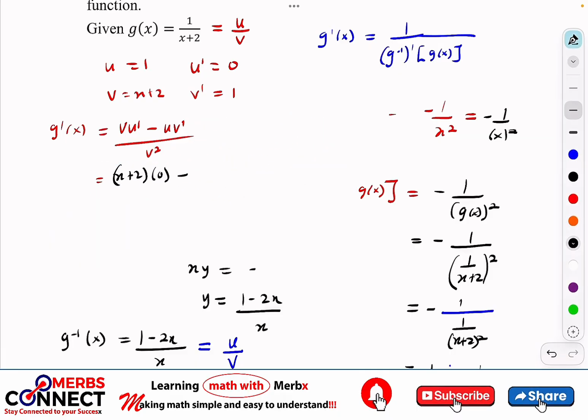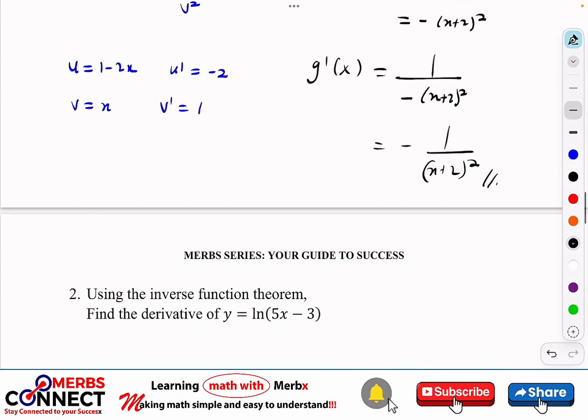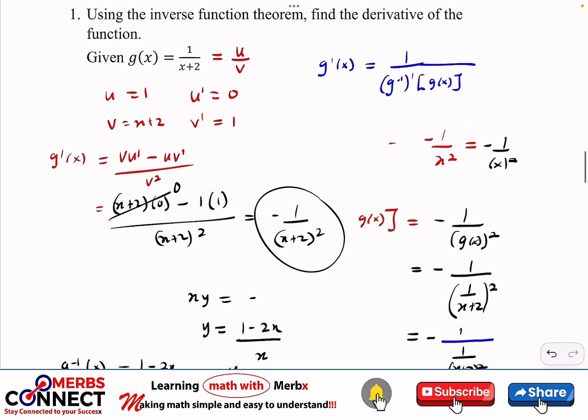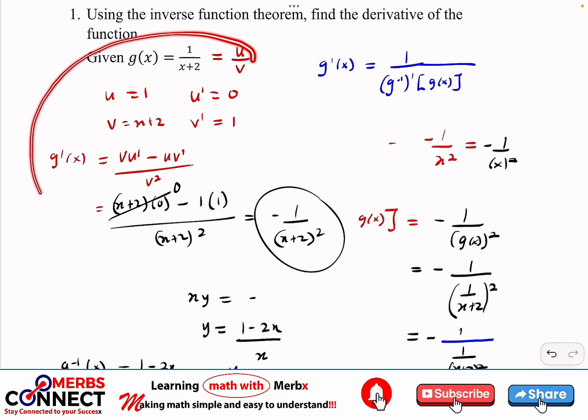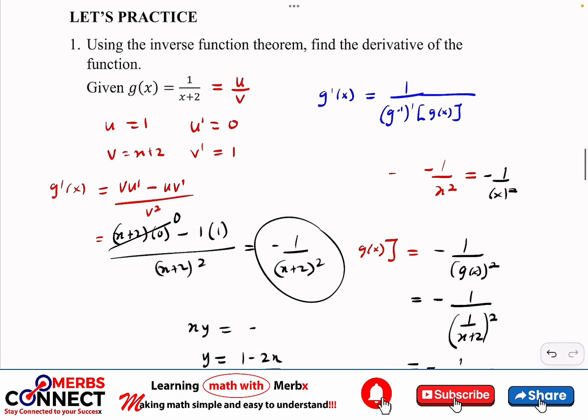Minus u is 1 times v prime is 1, divided by v squared, which is (x plus 2) all squared. This is 0. So this is going to give us minus 1 divided by (x plus 2) all squared. And this is exactly what we had here using the inverse function theorem. So as I said, if it is multiple choice, you can just use the quotient rule to get the results. Simple. But if it is a written exam and the question is saying to use the inverse function theorem, then you don't have any option but to use the inverse function theorem.